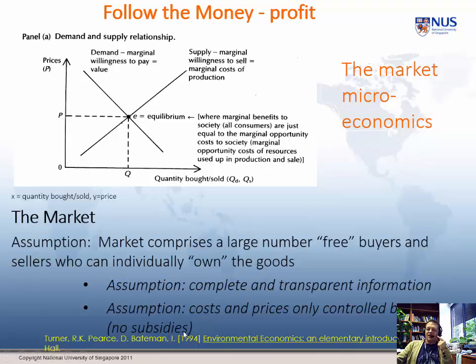And the final assumption is that your costs and prices, note the difference, that your prices are only controlled by the market, and the assumption is that your costs are therefore controlled by the market, that there are no subsidies. So they are the main assumptions that underlie a free market.